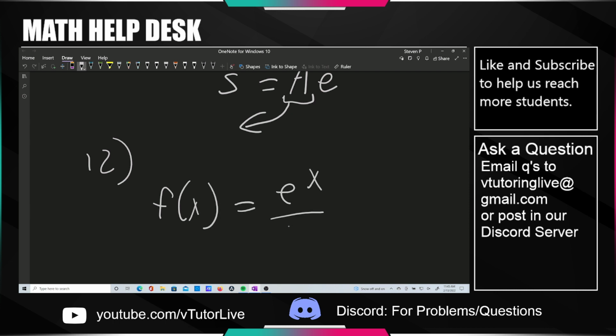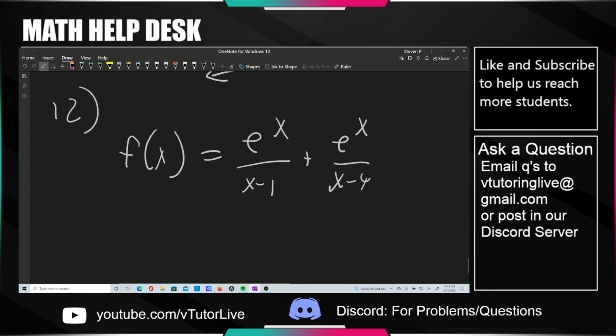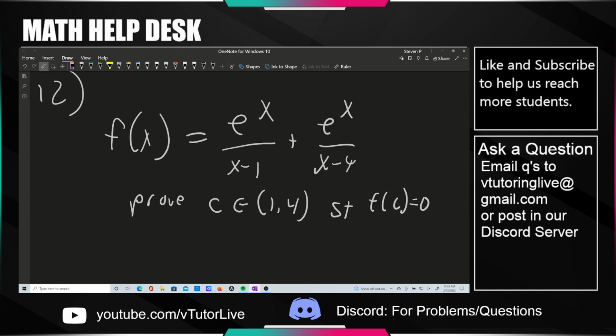Okay, so if you have something like x minus 1 plus e to the x minus 4. Again, if we want to prove that there exists a c in 1 to 4 such that f of c is equal to 0, I'm hoping that your experience from last semester screams that there's one particular theorem you should use, right?